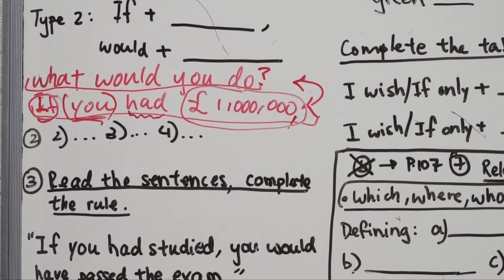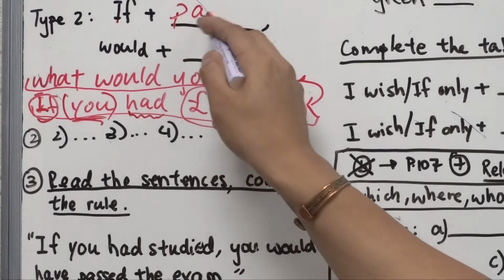Or it can also be... What do you think? Try to think of different ways. Possibility. We've learned this, I think, a couple of chapters back. What do you think? Past continuous, okay? So usually we will have past simple, okay?